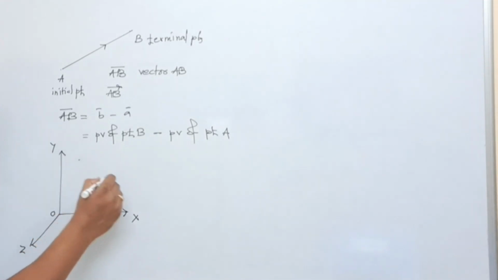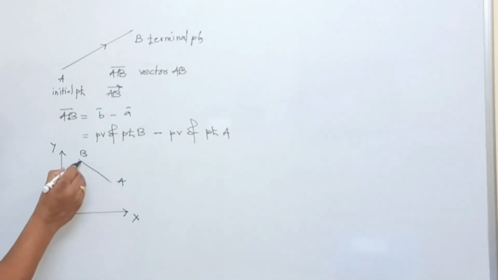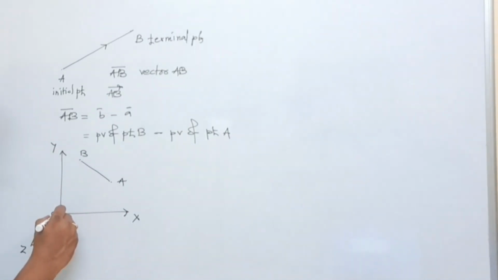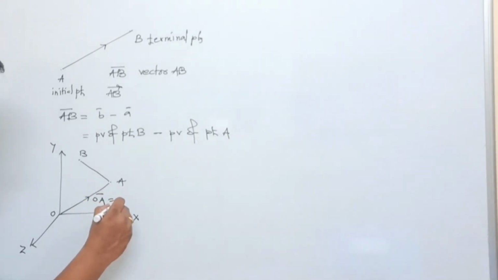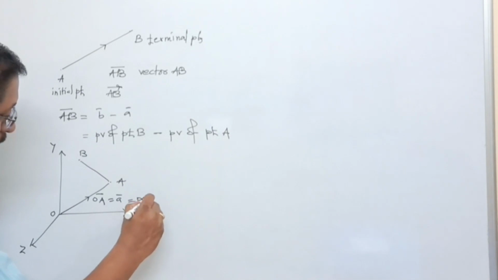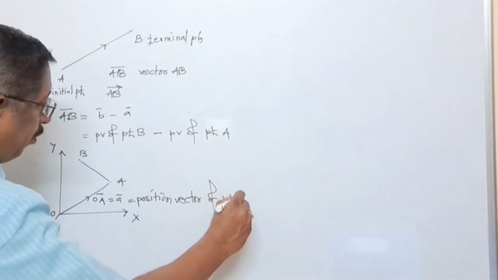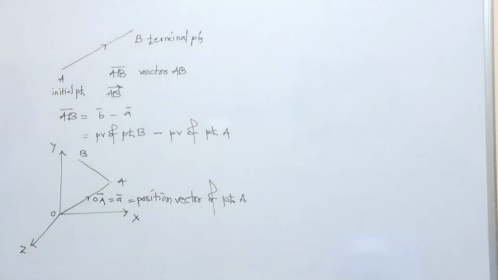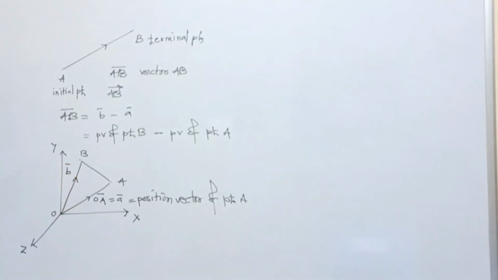Let us choose a point A and B. In the space, a directed line segment is taken from A to B. The line joining point A from origin, which we call vector OA, which is labeled as A bar, is known as the position vector of point A. On the same parallel line, when I join point O and B, that is a directed line segment from O to B, labeled as B bar, it is called the position vector of point B.